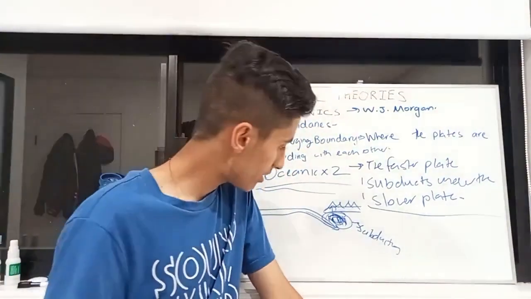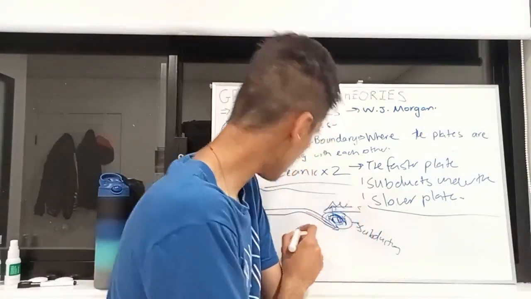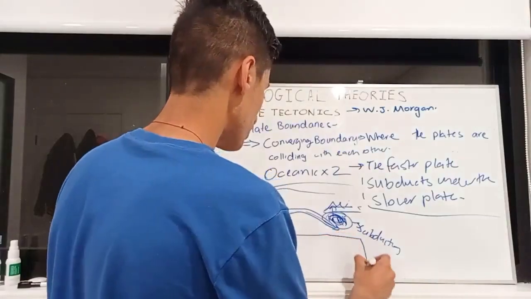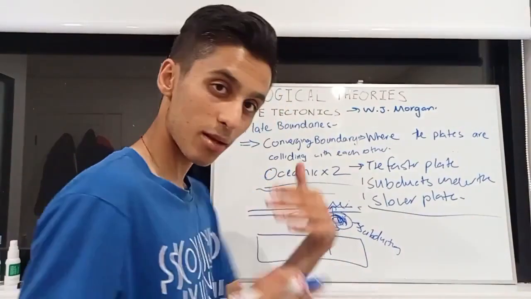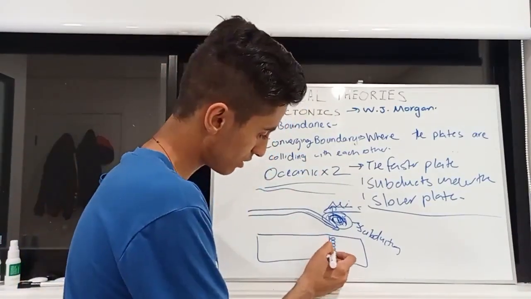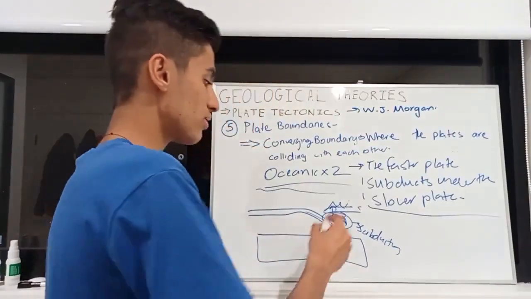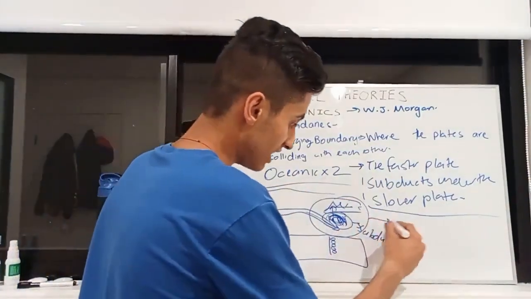If you were to look at this from the top view, what you would see is that since an entire plate is getting subducted, you're getting a bunch of volcanoes. And these volcanoes are known as island arcs.